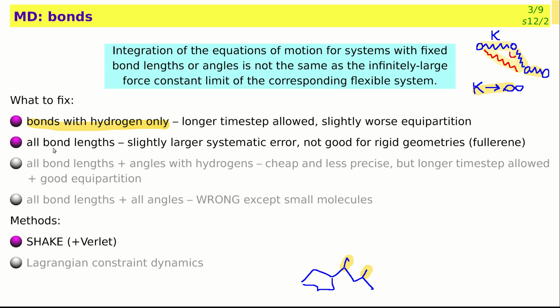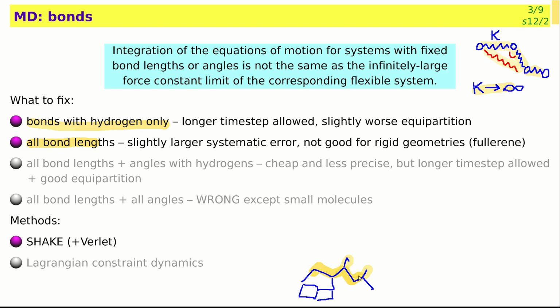We can fix all bonds, but of course we cannot fix too many bonds. For example, it's not a good idea to fix bonds in such complex cases where we have rings. But we can fix, let us say, bonds on a chain.